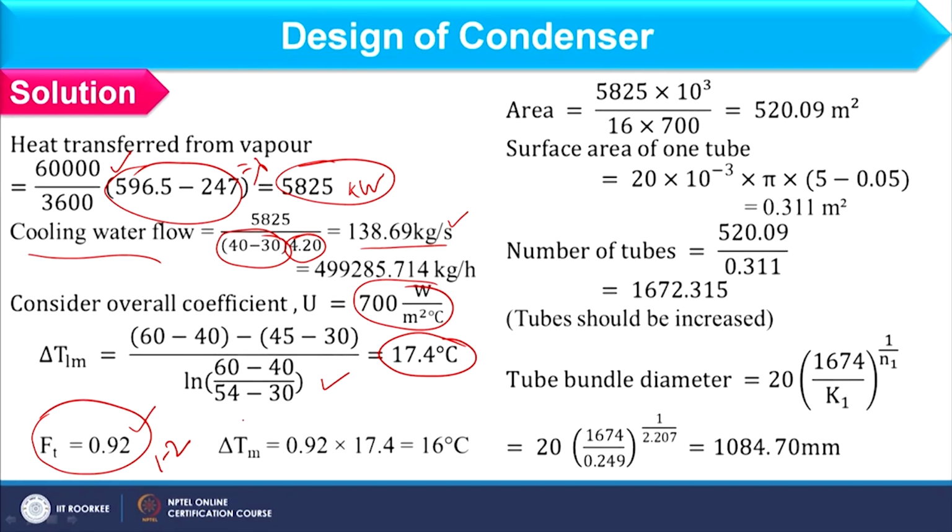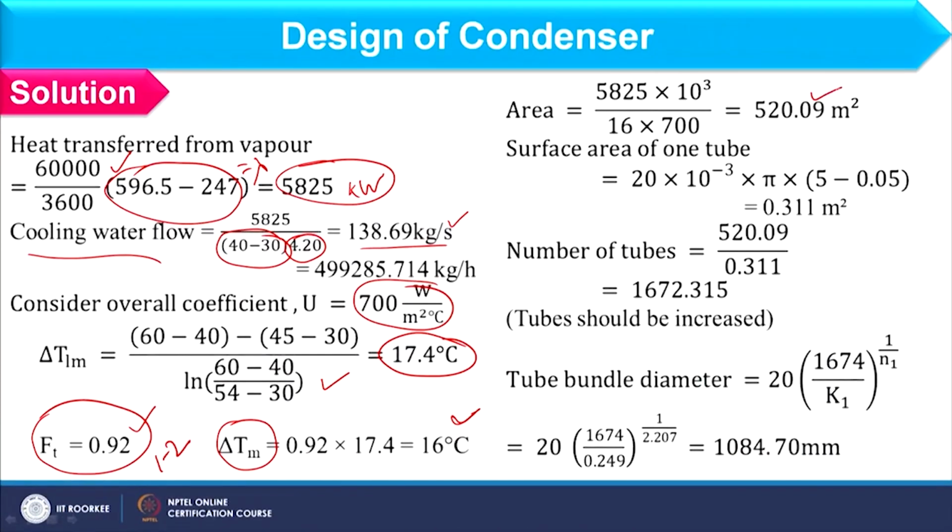The true mean temperature difference you can find by multiplying FT with LMTD, and that should be equal to 16 degrees Celsius. Now, once you have the heat duty, mean temperature difference and overall heat transfer coefficient, you can find the heat transfer area of the condenser, which comes out as 520.09 meter square.